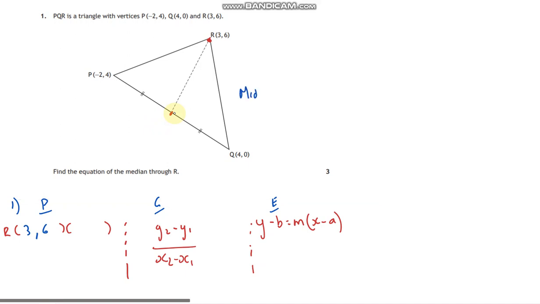So the midpoint would be the sum of the x's divided by 2, and the sum of the y's divided by 2. If we add our x's together, I'm going to get 2 divided by 2, which is just 1. I'll write the full sum actually, negative 2 plus 4 divided by 2, and that'll be 4 plus 0 divided by 2. So it's going to come out as 1 and 2 as your midpoint.